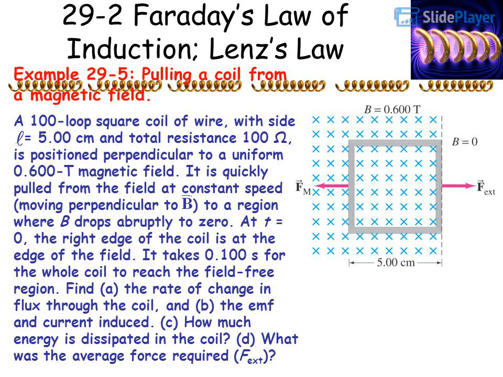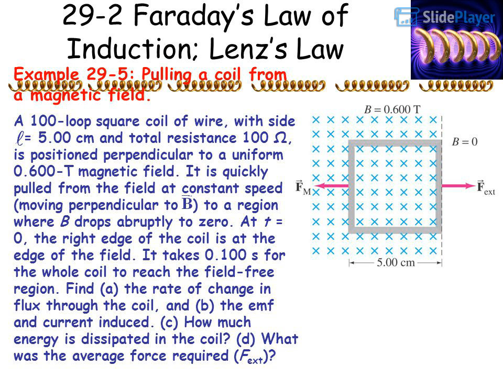29-2 Faraday's law of induction, Lenz's law. Example 29-5, pulling a coil from a magnetic field. A 100-loop square coil of wire, with side L equals 5.00 cm and total resistance 100 ohms, is positioned perpendicular to a uniform 0.600 T magnetic field. It is quickly pulled from the field at constant speed, moving perpendicular to B, to a region where B drops abruptly to 0.